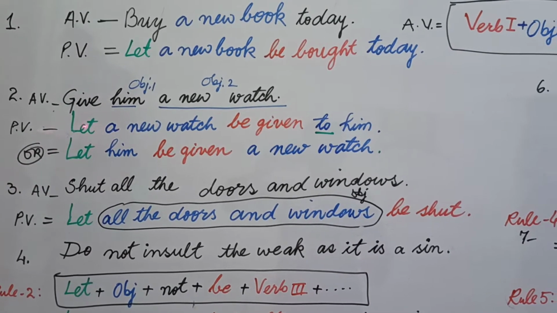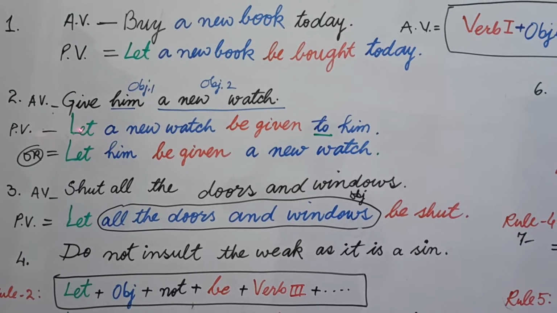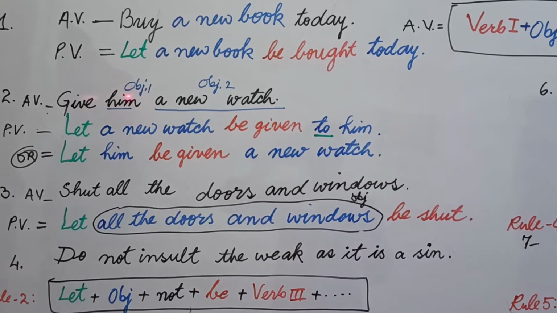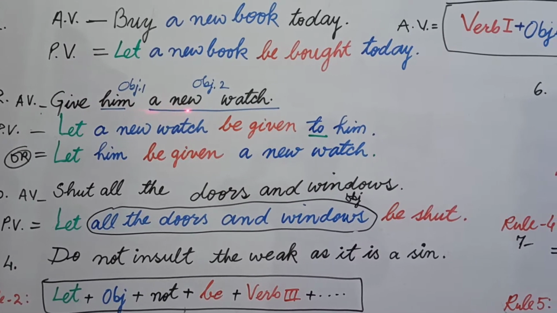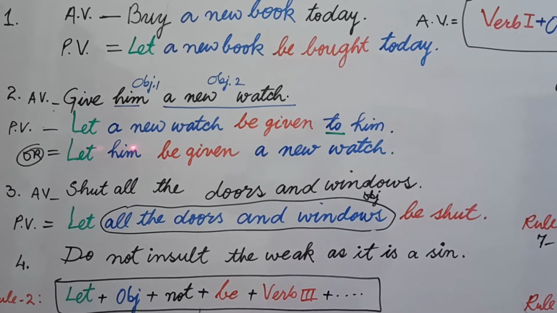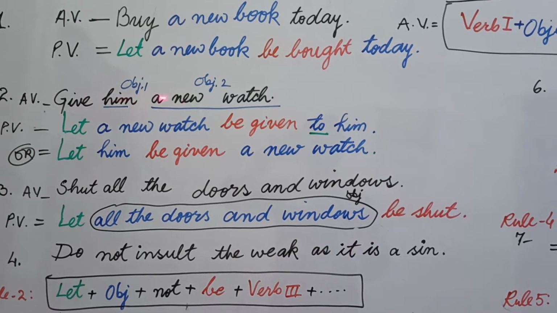In imperative sentences, we begin our passive voice sentences with let. In this way, I wrote let in the beginning, and this object, him, is written here, and the other object, a new watch, has been written in answer number 1. Now two different types of objects are here.